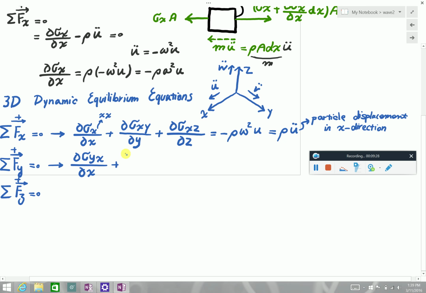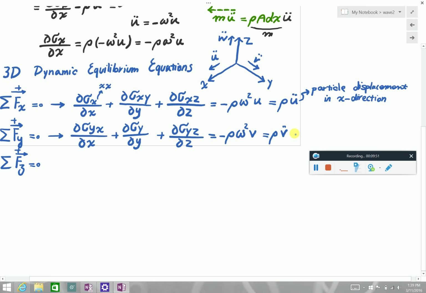Then we have sigma y with respect to y, and then we have sigma yz with respect to z, and here it would be negative rho omega squared v, which is the same as saying rho v double dot. So v is the particle displacement in the y direction.